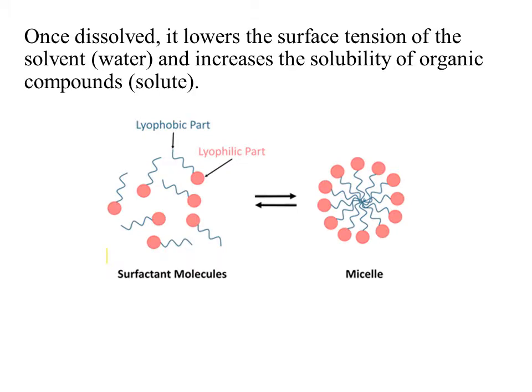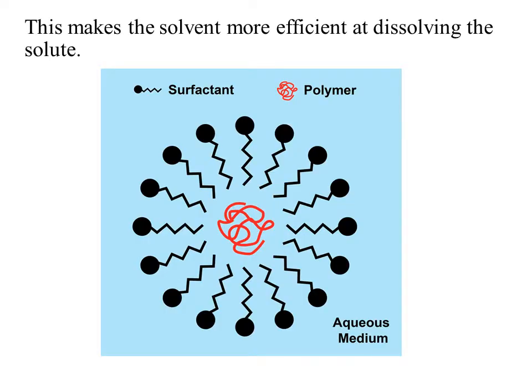Once this surfactant is dissolved, it lowers the surface tension of the solvent and increases the solubility of the organic compound, which is the solute. This makes the water more effective at dissolving the solute.